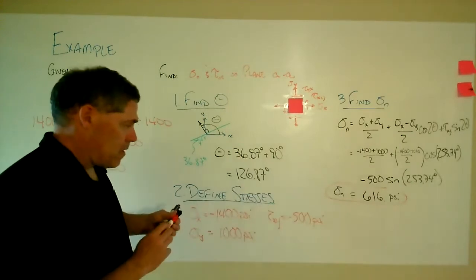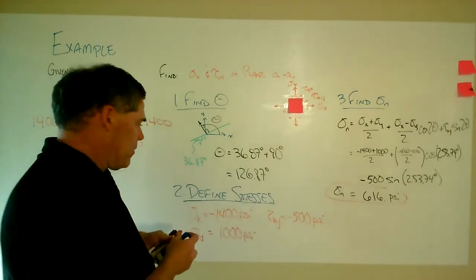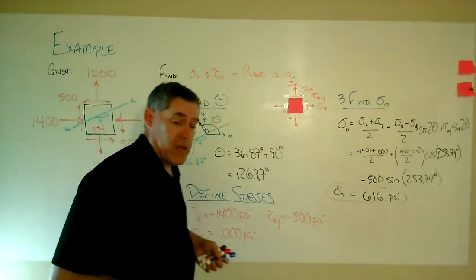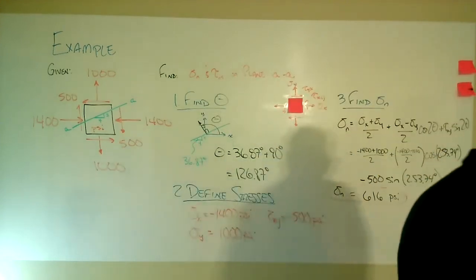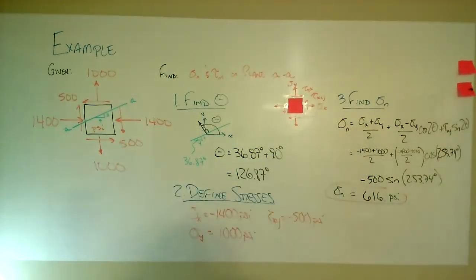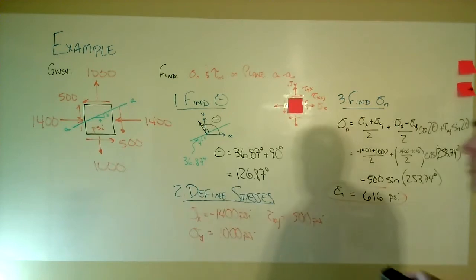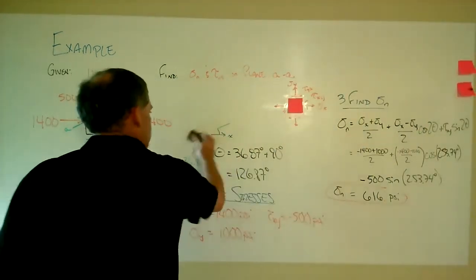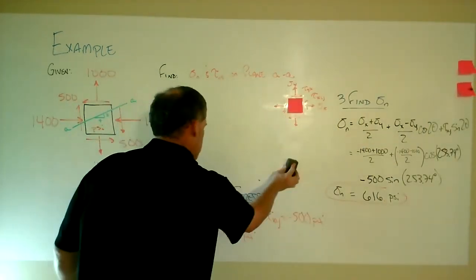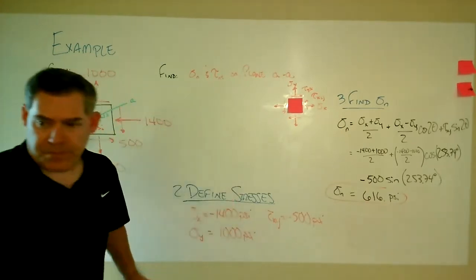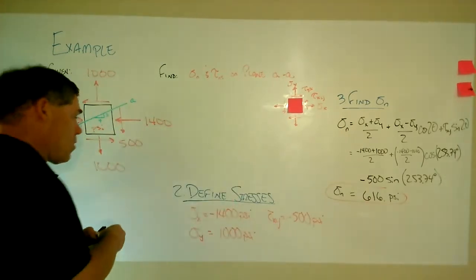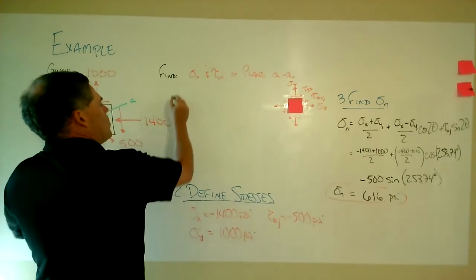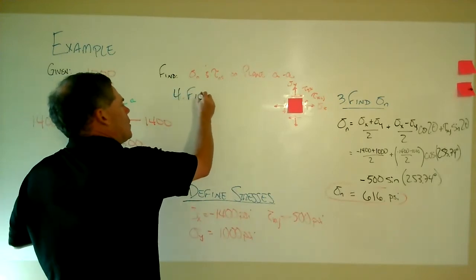Then we've got to do the same thing for the shear stress. I need to find the eraser here. And so let's find our shear stress value on that plane.